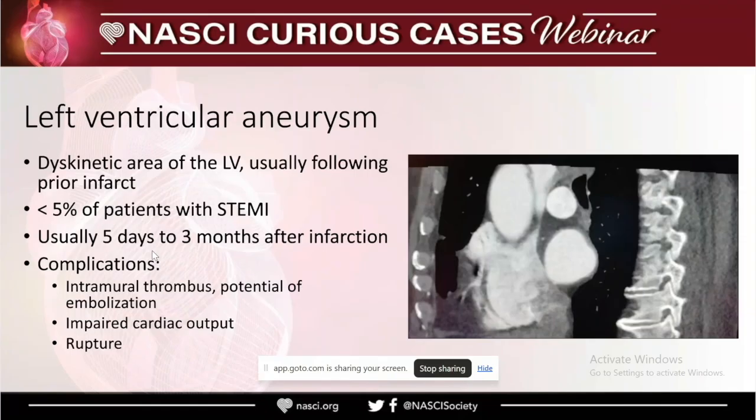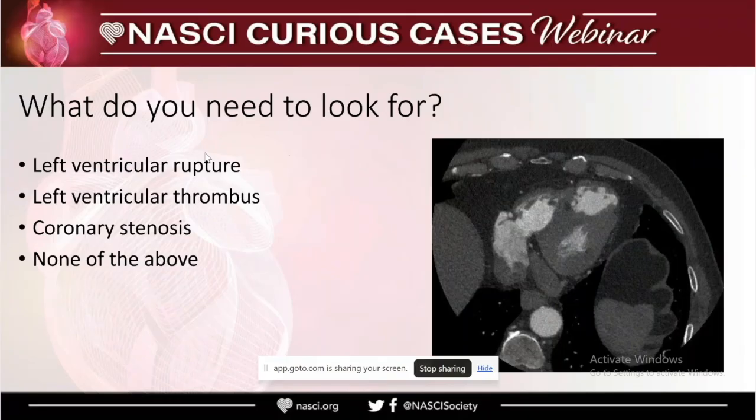So whenever you see an aneurysm, you need to look for a thrombus. And the reason is that, don't forget, an aneurysm in this whole area, if you compare this muscle, you will see that it's much thinner compared with the normal ventricular thickness. So it means that this area is actually a scar. And the scar does not contract.